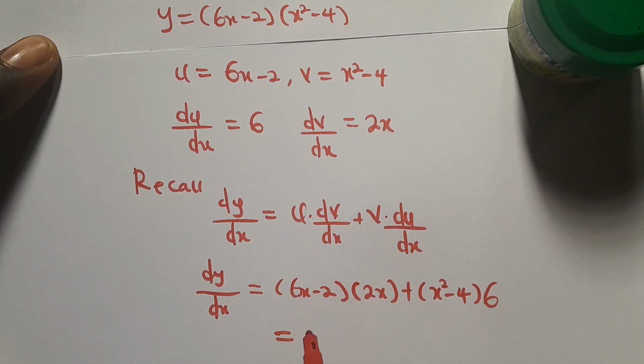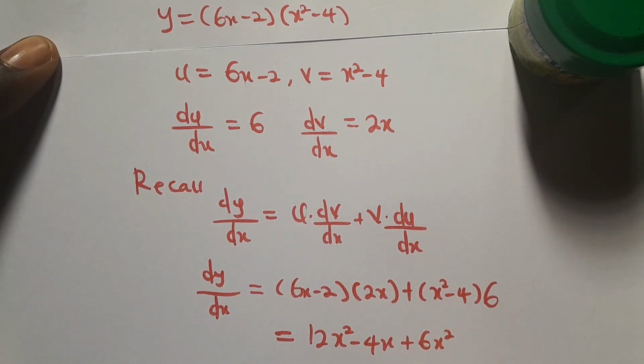So let's use 2x to open the bracket. We have 2x multiplied by 6x will be 12x squared. This multiplied by this will be minus 4x. Plus 6 multiplied by x squared will be 6x squared. Minus 4 multiplied by 6 will be minus 24.